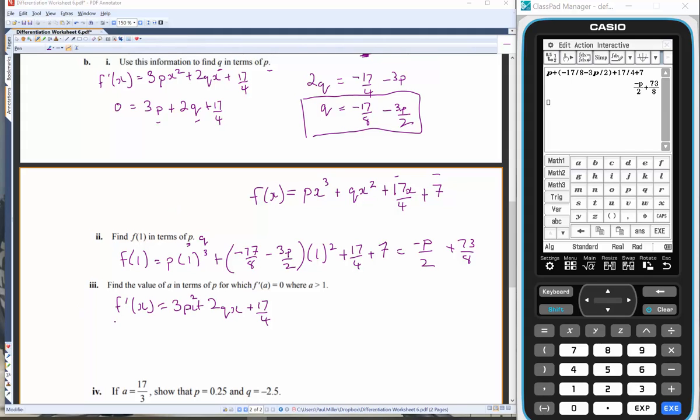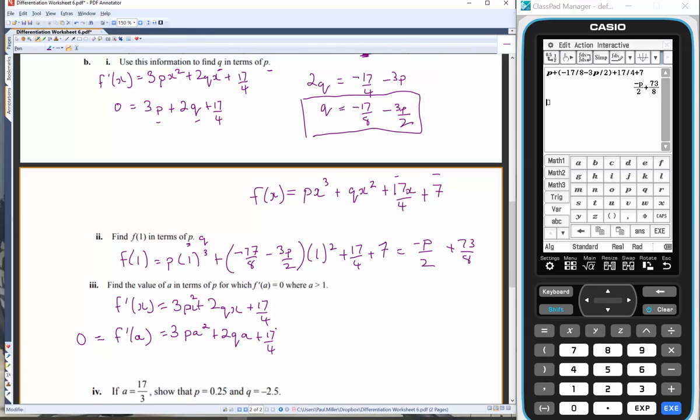Okay, now what we're going to do is get f dash a, which I know is 0, equals 3p a squared plus 2qa plus 17 on 4.